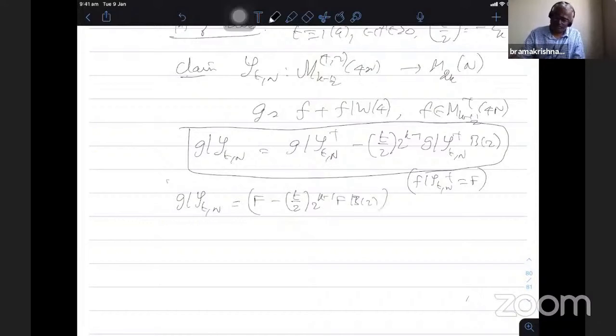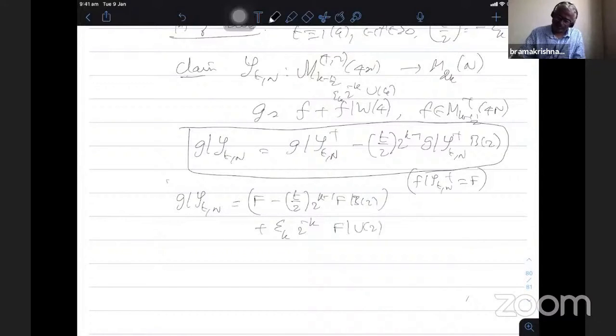Now I have to apply the U4 to this particular one. So this plus epsilon_k 2 power minus k, that's for this one, this is epsilon_k 2 power minus k U4. I apply this to capital F bar U2.